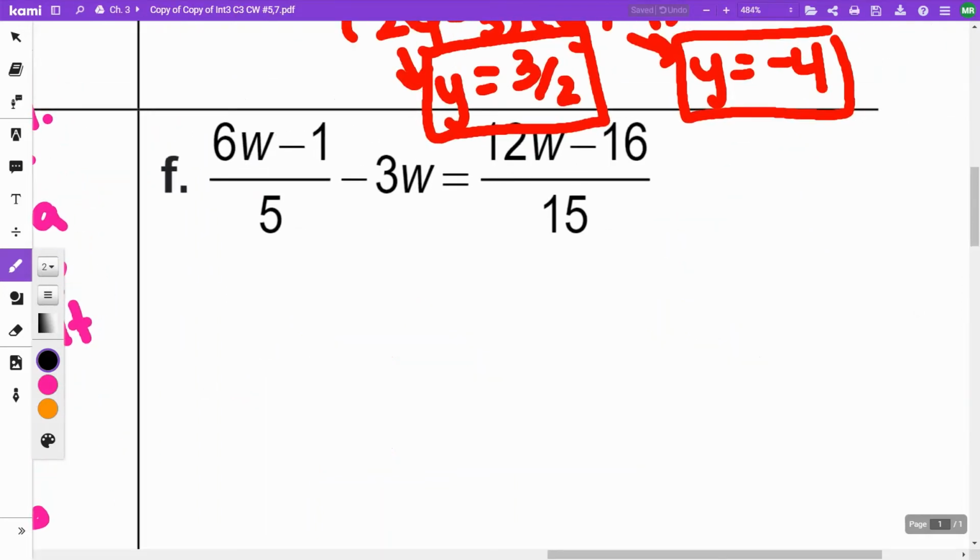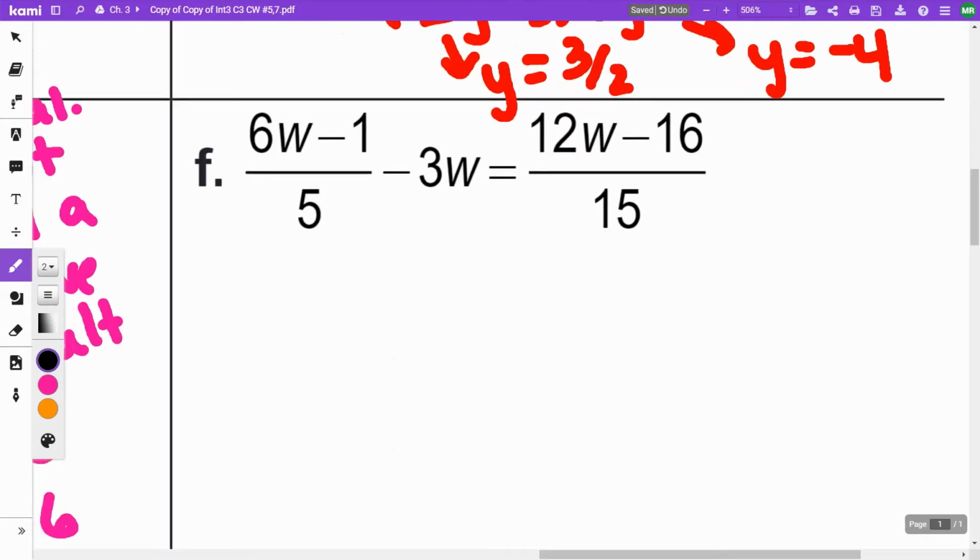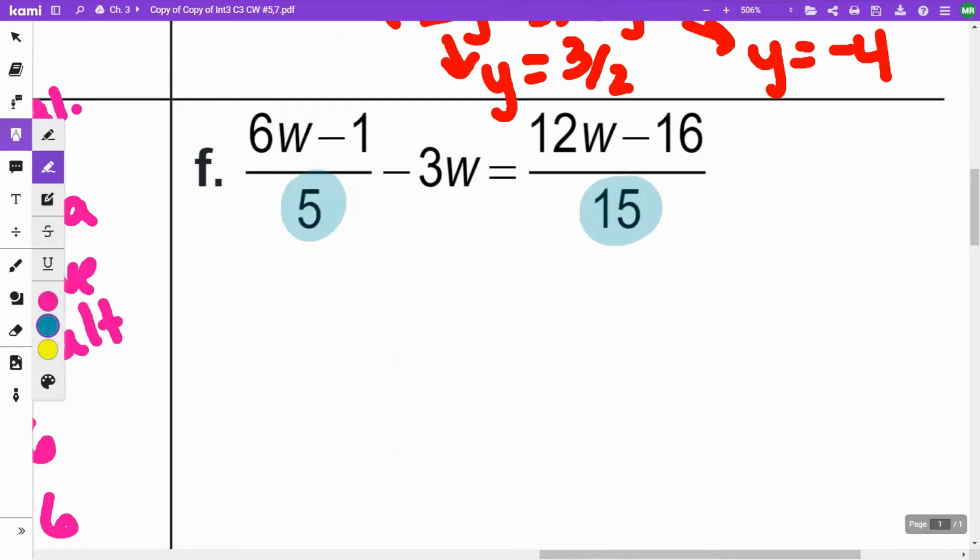Okay, on F, let me just get rid of that. So on this one, I'm going to do a similar idea to the one I had before with fractions. I'm going to fraction bust. I'm going to multiply everything by 15.